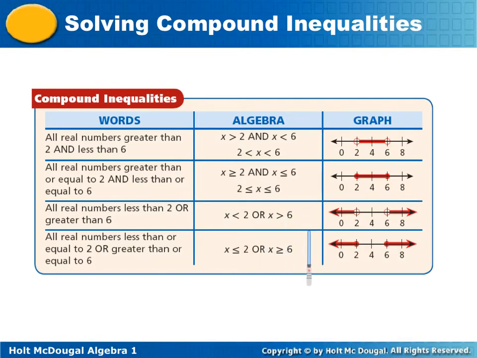You'd have two different x's in different places. You can't do it. The word or tells you they go in opposite directions. So as you look at here, x is less than 2, so it means everything smaller than 2, or x is bigger than 6, everything greater than 6. Does everybody see how that fits?